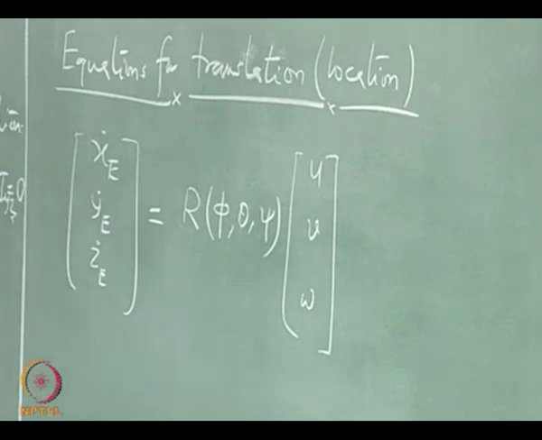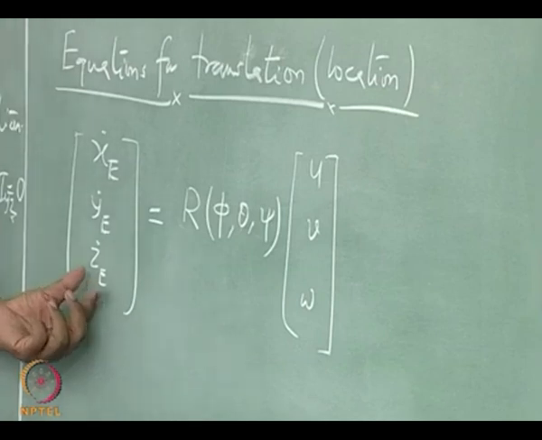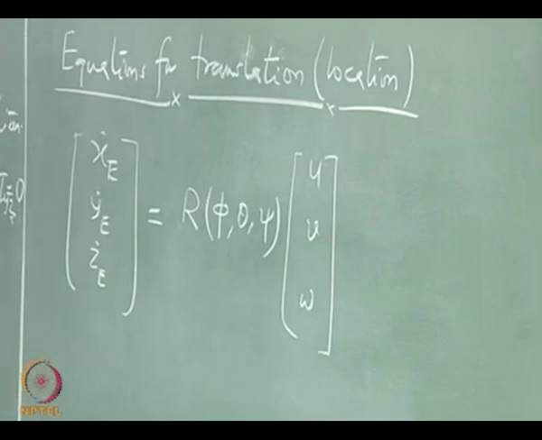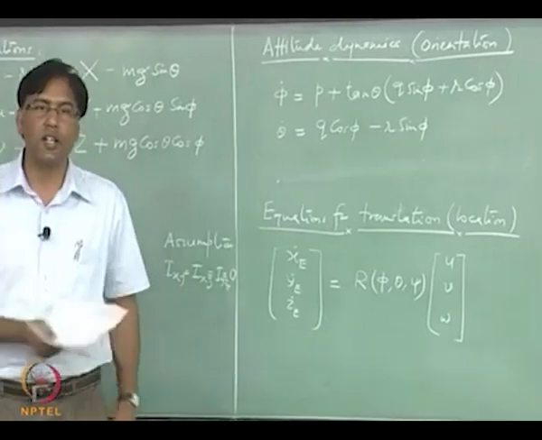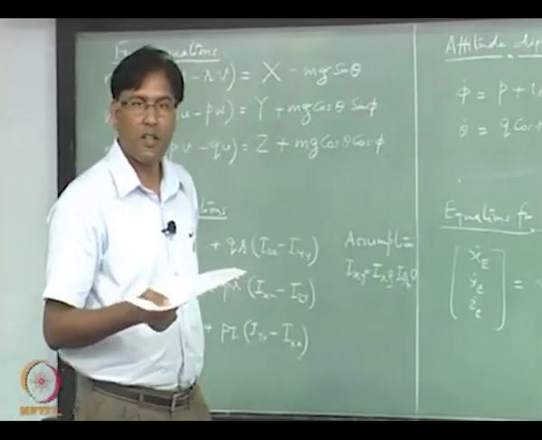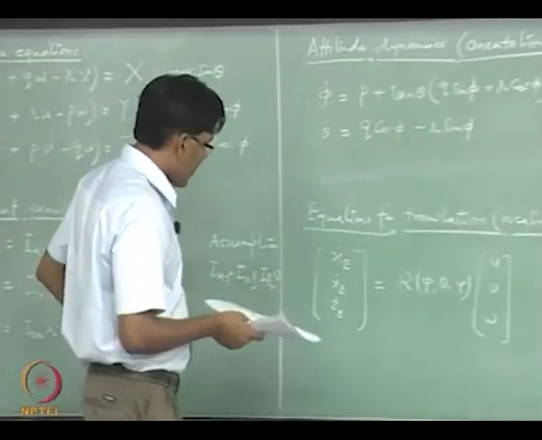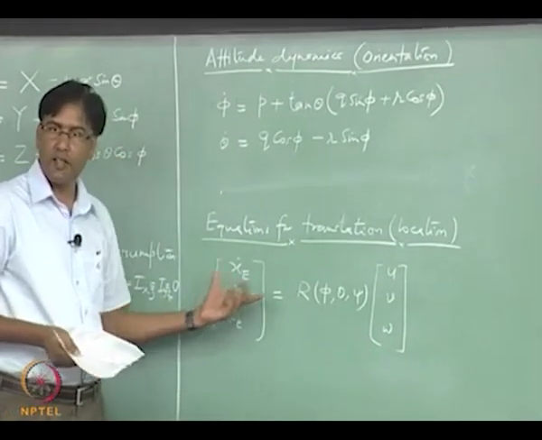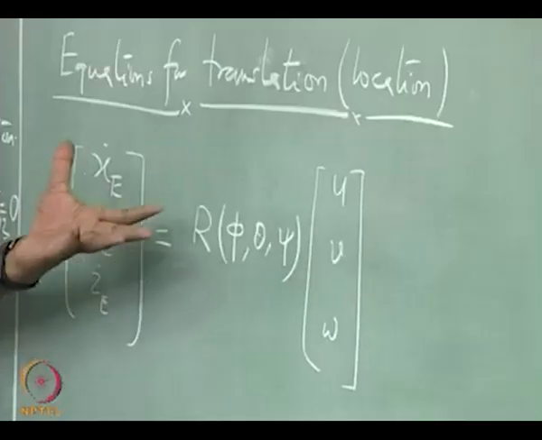In a more complicated model you have to actually worry about this z, because with z or the altitude, density is going to change, right. But for our simple model we will not take density as a variable, we will only look at the sea level condition, right. So we will assume that rho is constant, so we can neglect these three equations also.